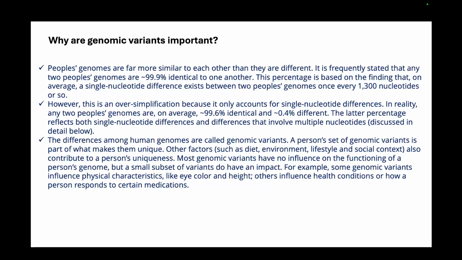So the differences in the genome in terms of the variants are the reason we have these distinct characteristics, distinct hair color, distinct eye color, distinct height, weight, everything. So these variants are actually pretty important to characterize the different kinds of phenotypes that we generally exhibit, typically speaking about human beings.